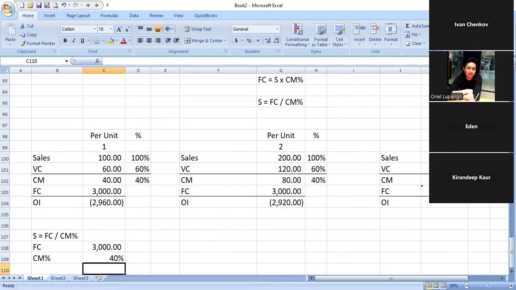So what do I need here? Let's get rid of this information. I know my fixed cost is 3,000. I know my contribution margin ratio is 40%, correct? So how much should my sales be?